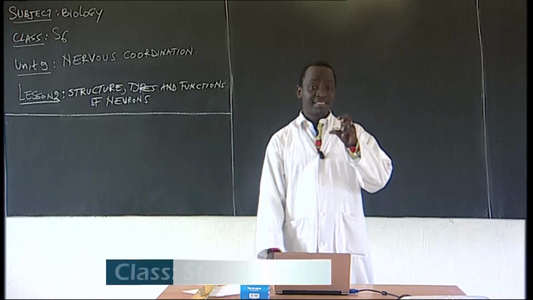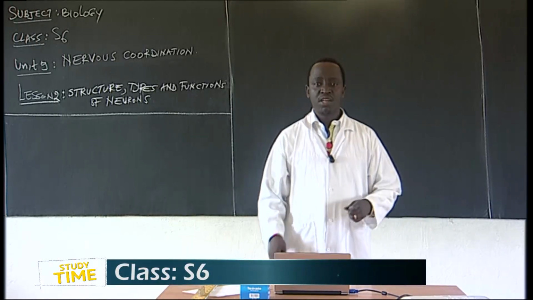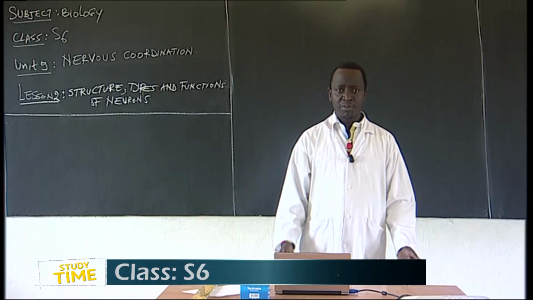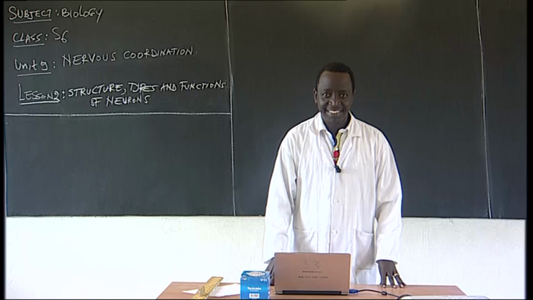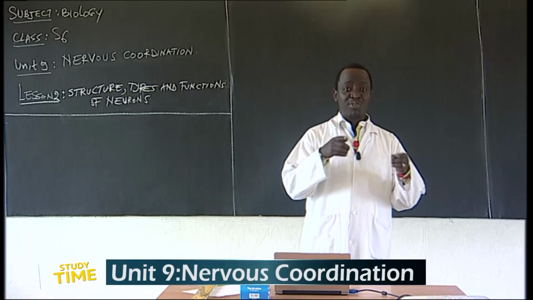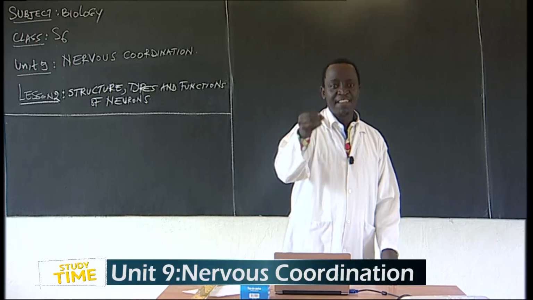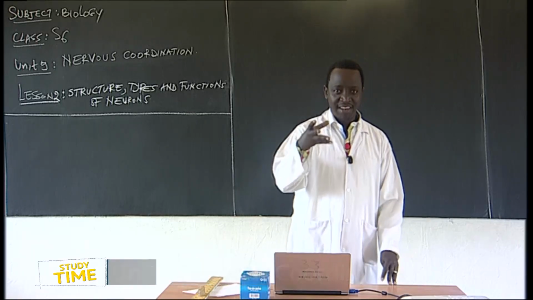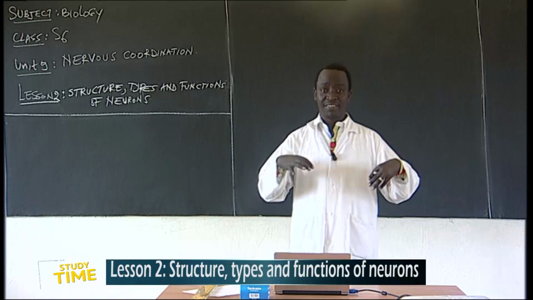And then when the message reaches the brain, what is the brain going to do? The brain is going to interpret what's the problem. Then the brain prepares the response. And then that response is going to be carried by motor neuron, then come to the effectors, to the organs. For example, the brain can order you to wear the coat.